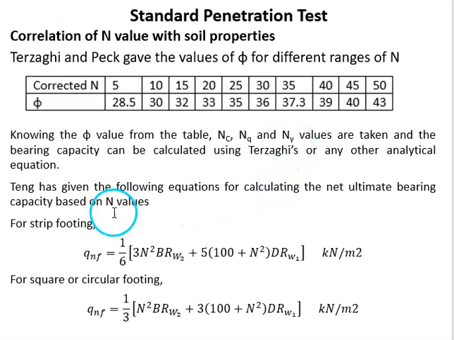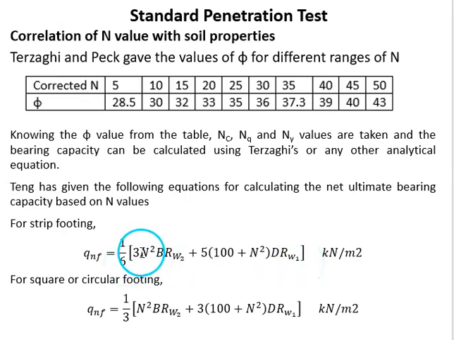And Teng has given some direct correlations to estimate the net ultimate bearing capacity for strip footing as well as square or circular footing. For strip footing, the equation is given as 1 by 6 into 3N squared B Rw2 plus 5 into 100 plus N squared D Rw1.